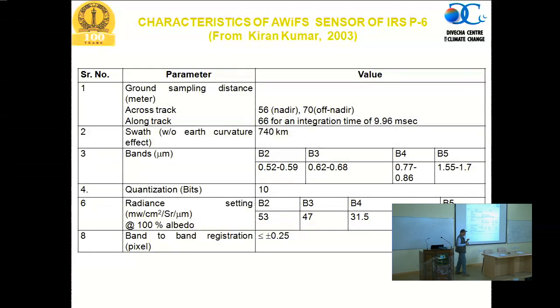And if it receives 54, it will record as 53. So anything above 53 will be recorded as 53. So this is a saturation limit. So if you have a line feature which is reflecting energy more than 53 microwatt per steradian per micron, then it will record as 53. So you will have saturation.